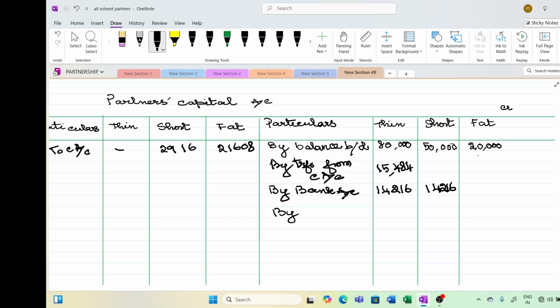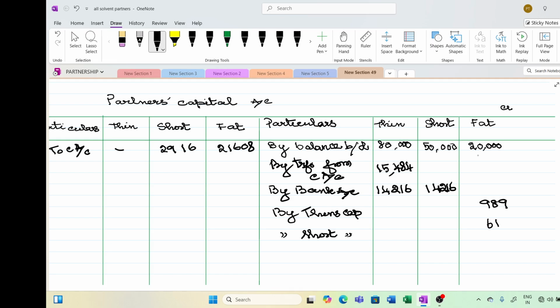By Thin's capital account, he is going to give 989. And Short, by Short's capital account, 619. You know the journal entry. If you are not knowing, we have to debit Thin and Short's capital account and credit Fat's capital account.